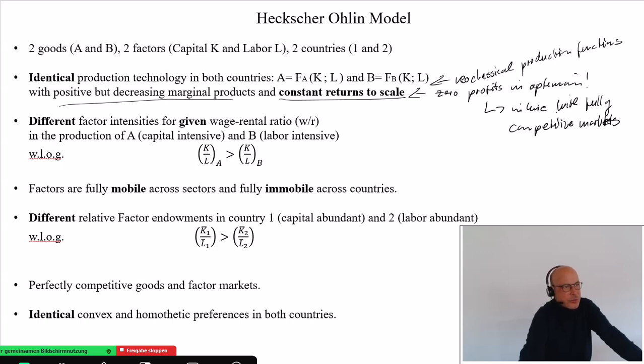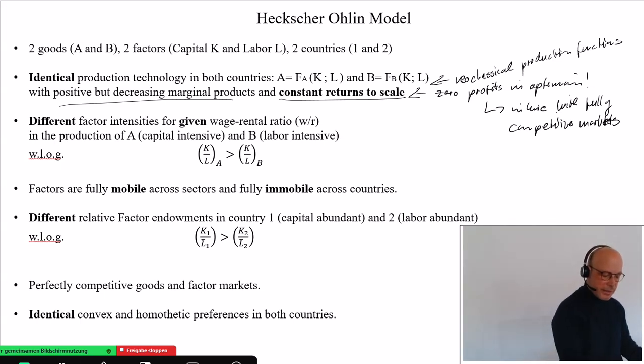I recommended that you should have a look during the last week in your micro slides, that if we have a production technology which exhibits constant returns to scale, then the cost minimizing combination of input factors producing these goods will be constant if the ratio of the factor input prices is given.